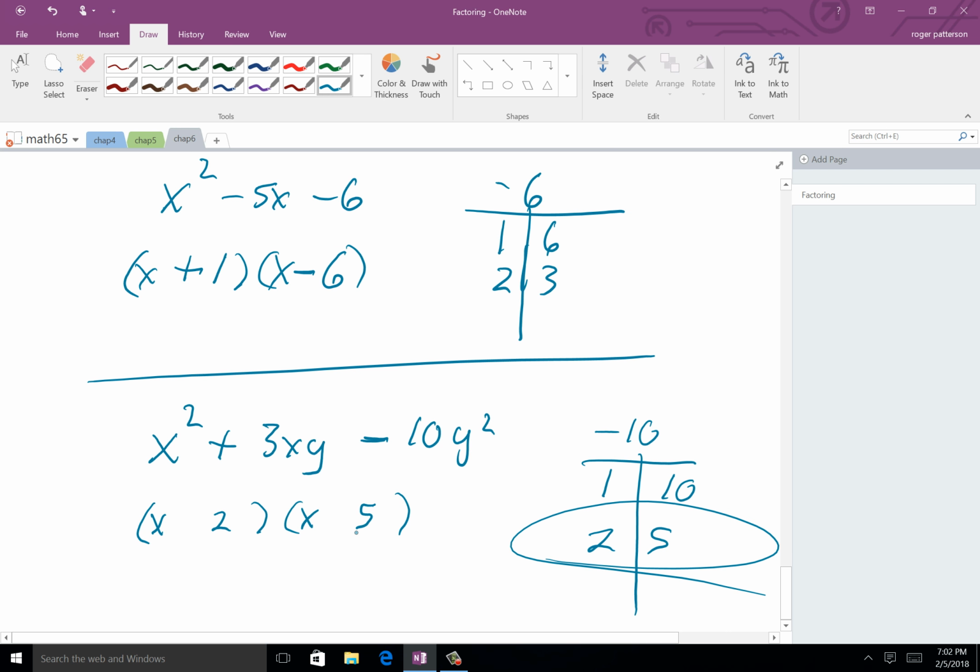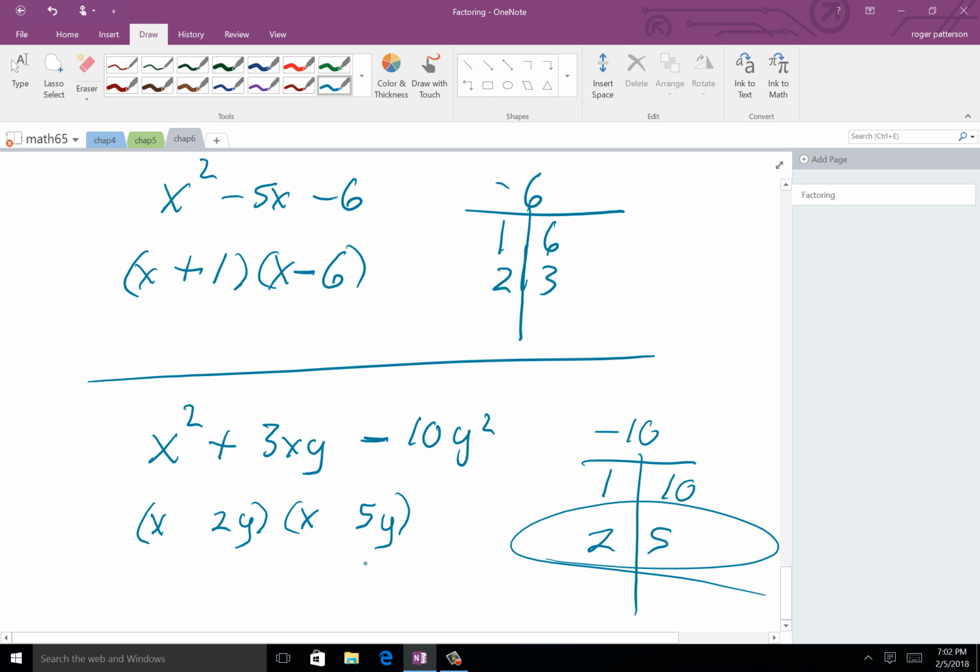But I got a y squared here. So, how do I account for that? What's going to go right here and right here? The y's. Alright? So, nothing changes very much as far as what we're doing.